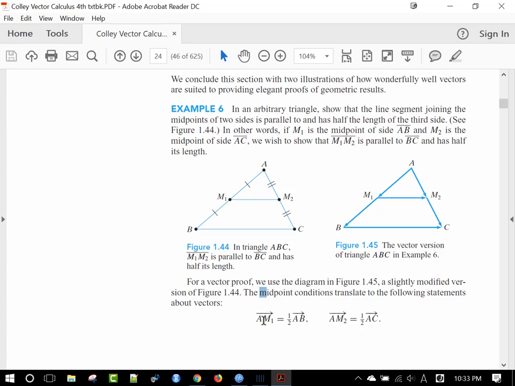The fact that this is a midpoint means that AM1 is half of AB. And the fact that this is a midpoint means that AM2 is half of AC.